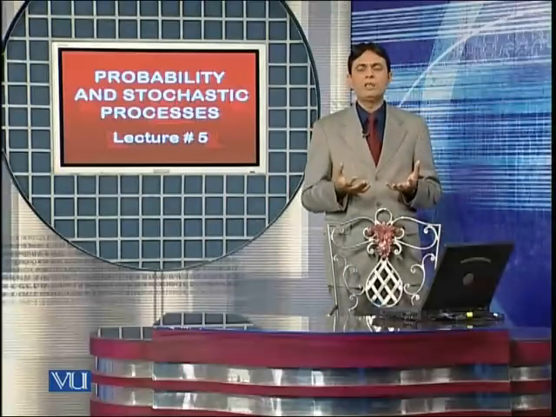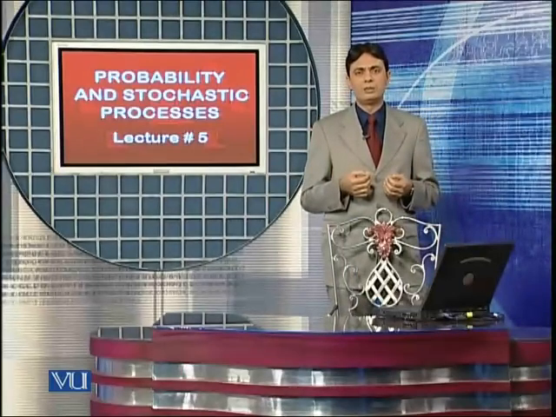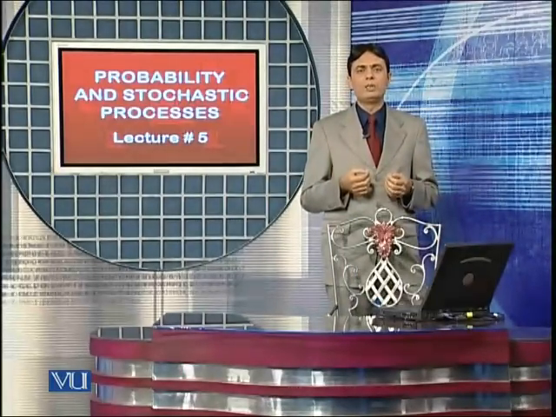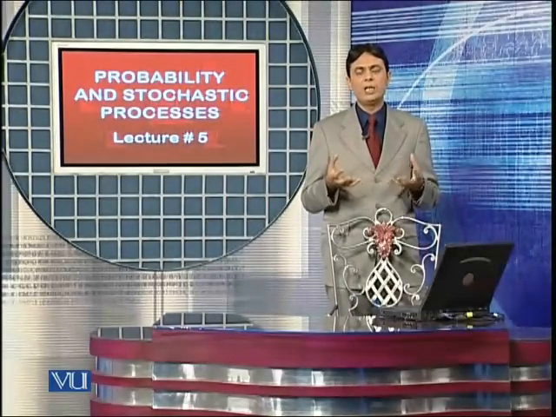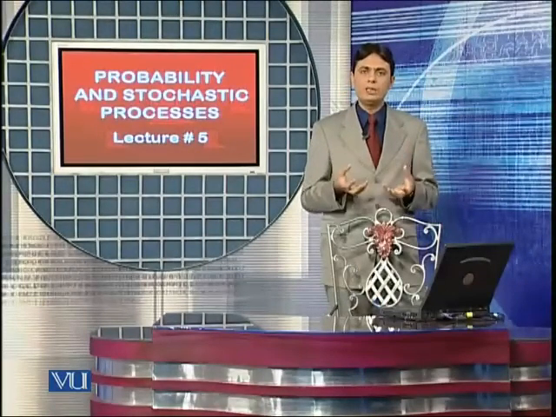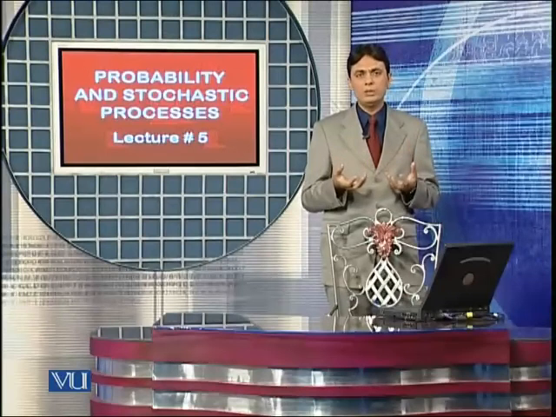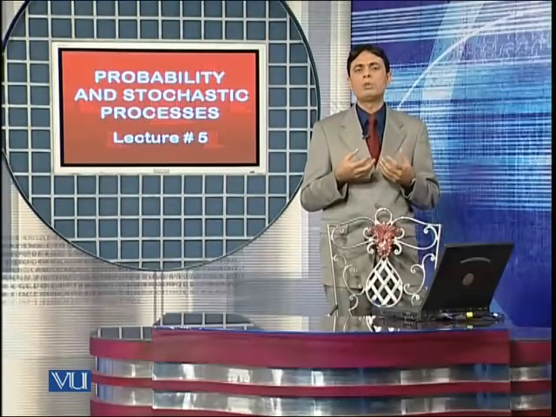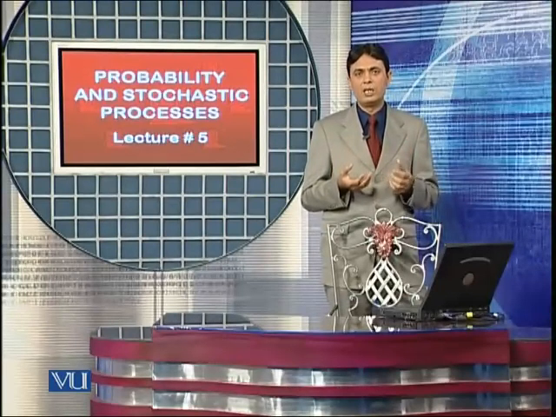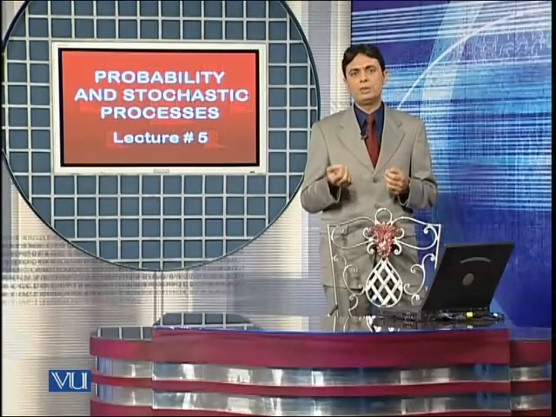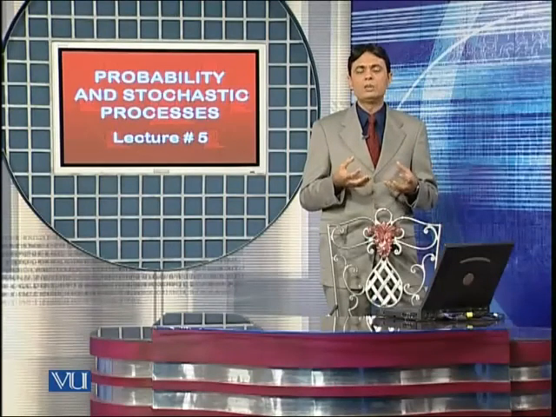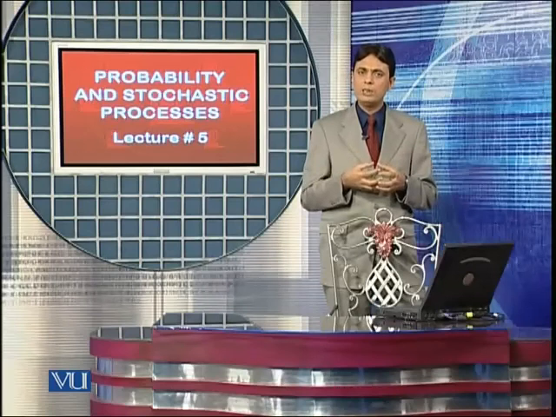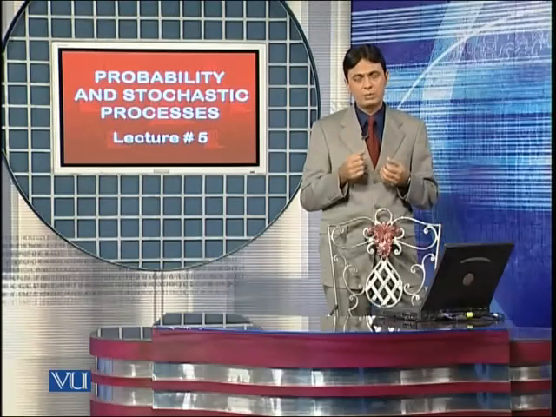To summarize what we have done in this 5th lecture, we started with events and different ways to combine these events to make new events and talk about probabilities of these events. And the two ways that we combine these events are through the idea of joint probability and conditional probability.